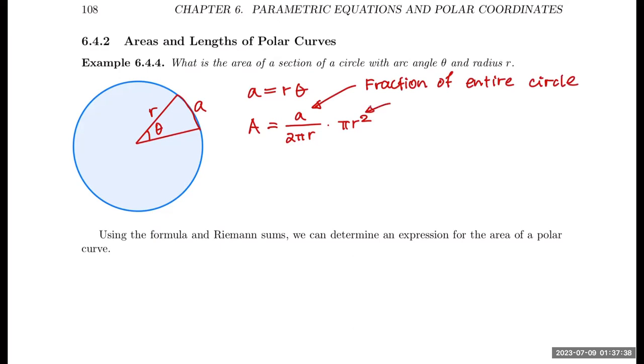And this one over here is the area of a circle. So we see that here, the r will cancel, the pi cancel. We're just left with A r divided by 2.